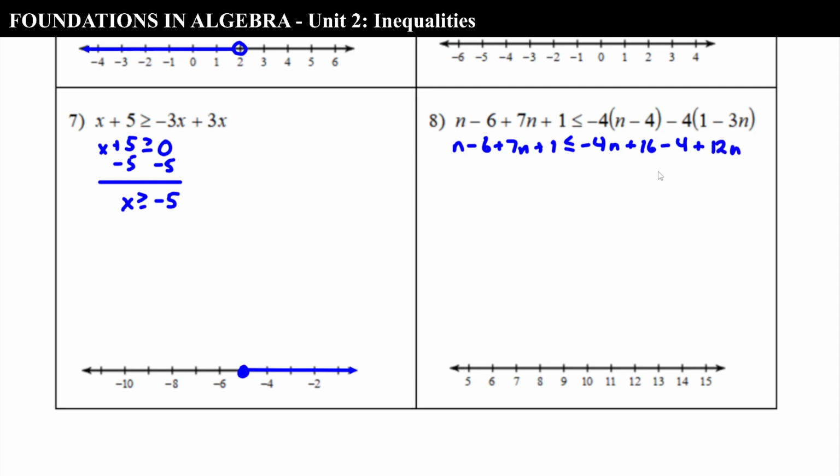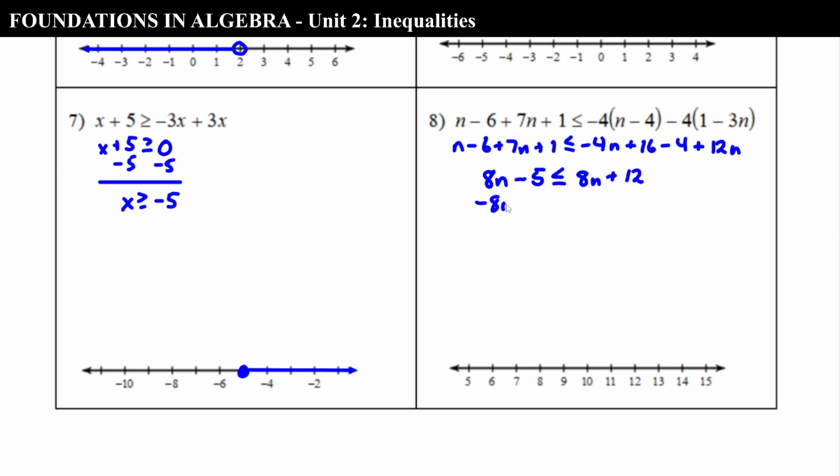And now we're going to combine like terms. Starting on the left, we've got a 7n and a 1n, so that's 8n. We have negative 6 plus 1, which gives us minus 5. Is less than or equal to, we got 12 minus 4n, so that's going to be an 8n. And then 16 minus 4, that's going to give us 12.